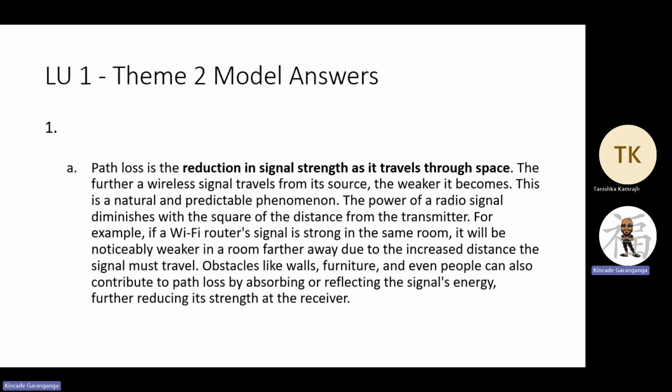Things like walls, furniture, and in some instances even people can contribute to path loss by absorbing or reflecting the signal's energy, reducing its strength across the board. So you're looking at the power of that radio signal diminishing over a specific distance.